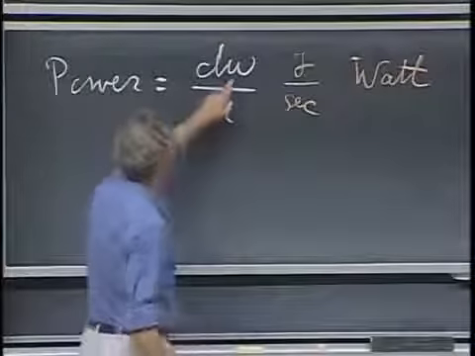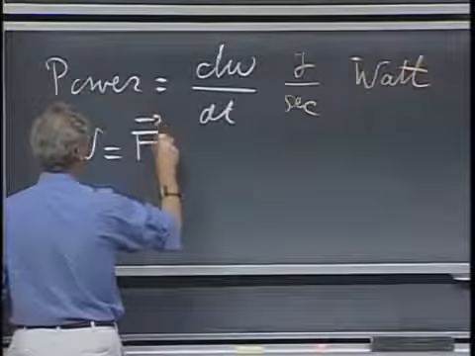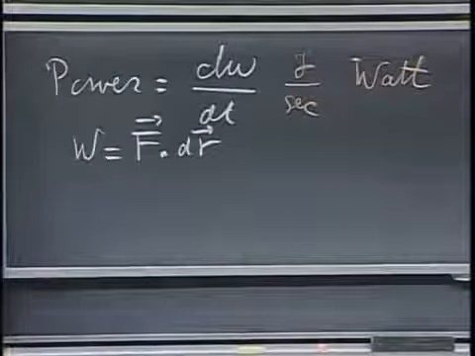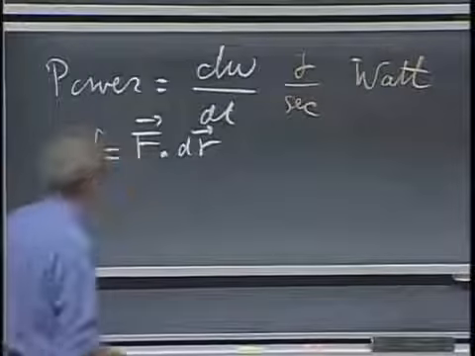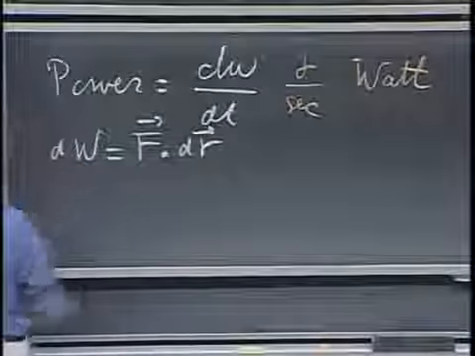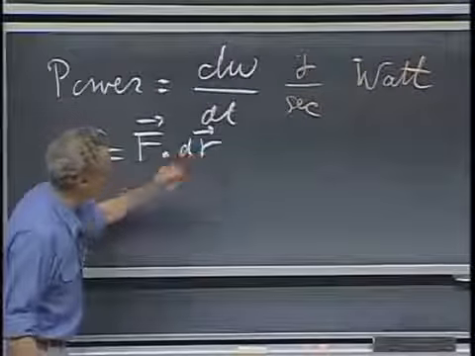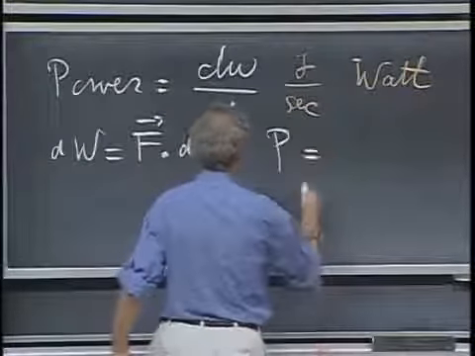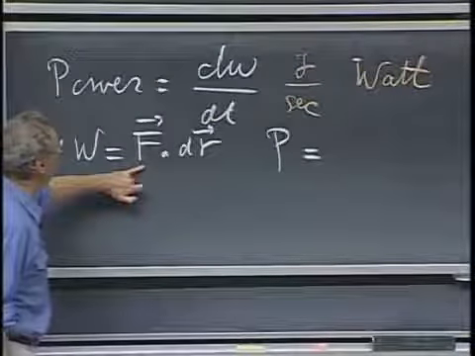Now, the work that the force is doing is the dot product between the force and a certain displacement of that force. We have dealt with that before. That is a little bit of work that I'm doing, right? I have a force which is constant during a short, small displacement. And so I can substitute that in there, and I get that the power is the derivative of this versus time.